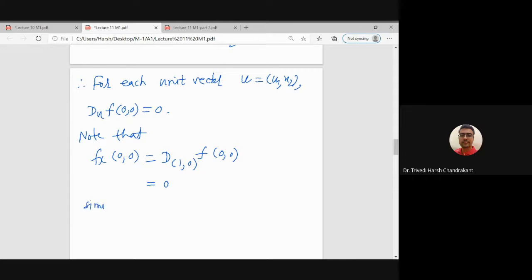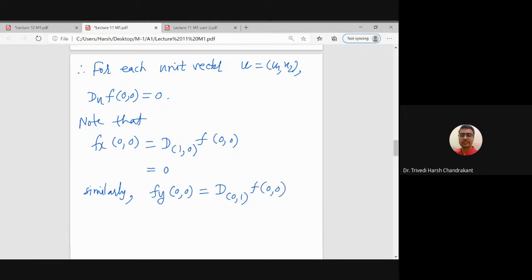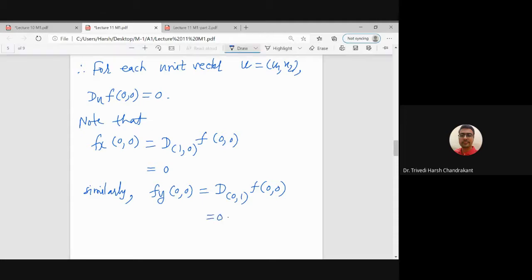Similarly, fy at origin is the directional derivative at (0, 1) of the function at origin. So here u2 is non-zero because u2 is 1, but still in that case also the directional derivative limit is 0.